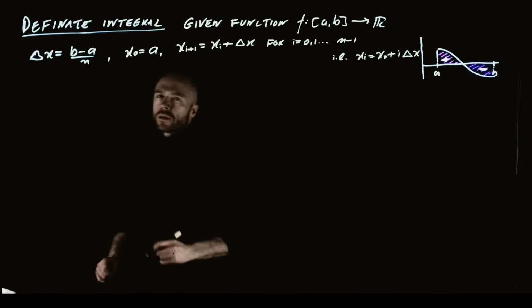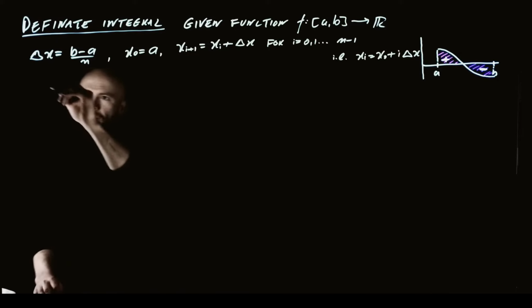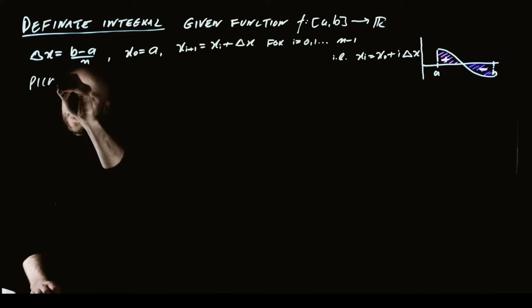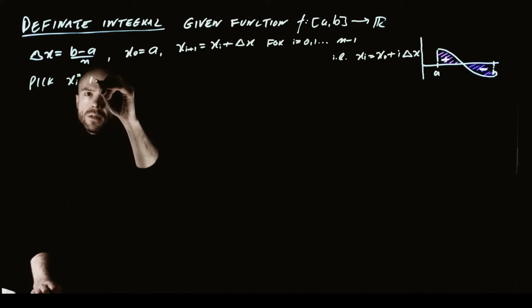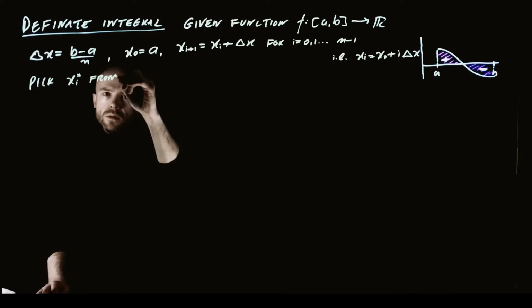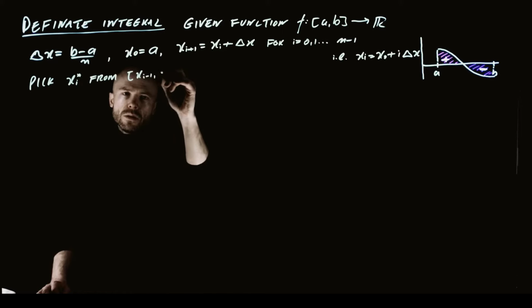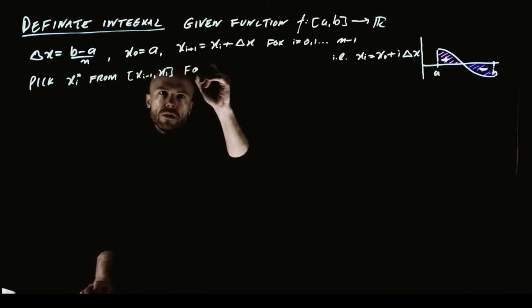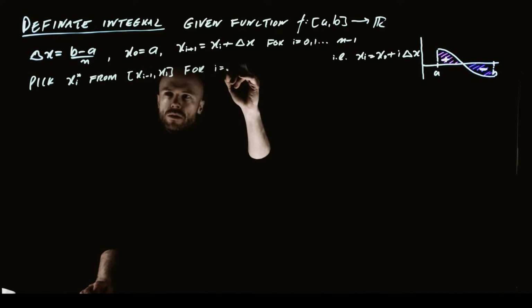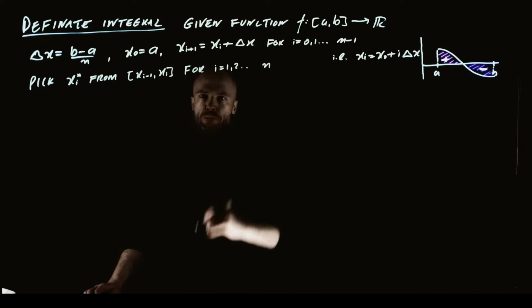And we're going to pick sample points inside our intervals. So pick x_i star from the interval [x_{i-1}, x_i] for i equal to 1, 2, all the way up to n.